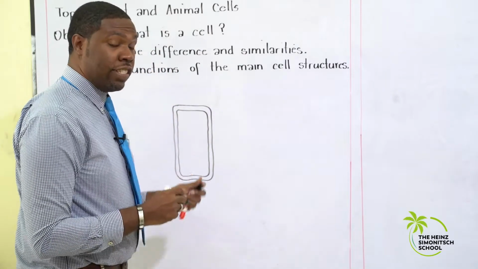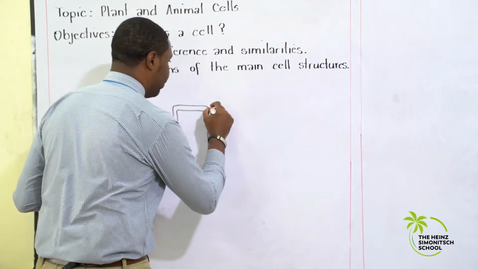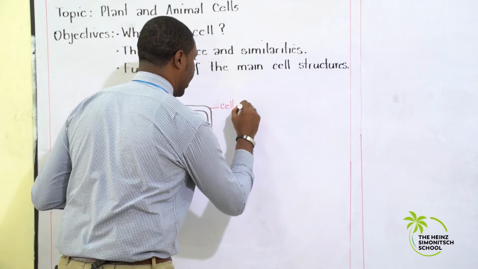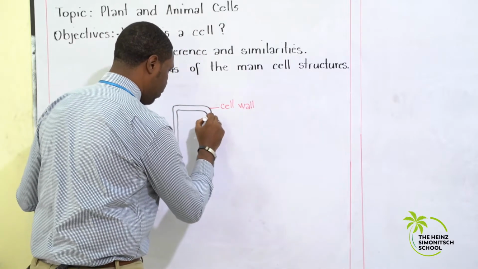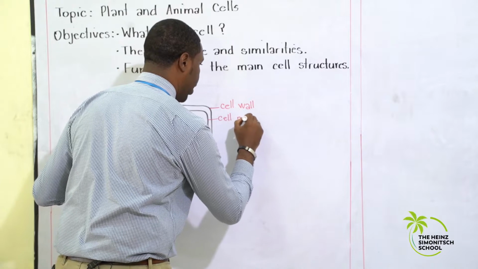Next, we have the cell membrane, and I think it's a good idea to label them as we go along. So we have the cell wall, we have the cell membrane.